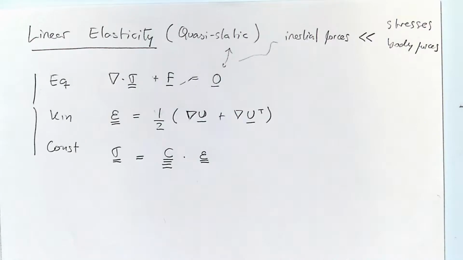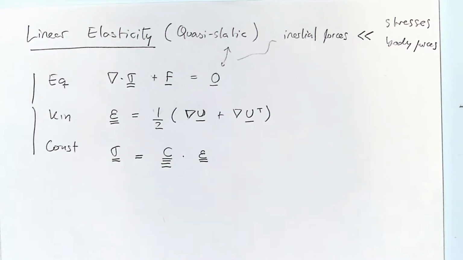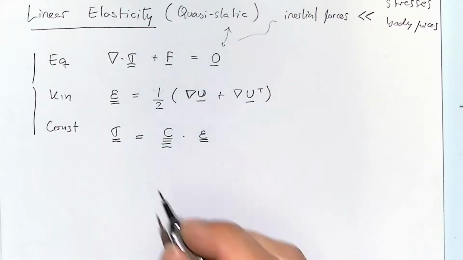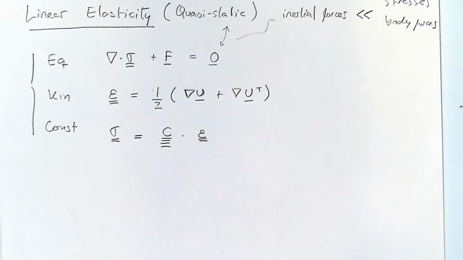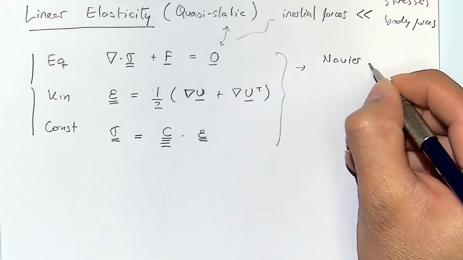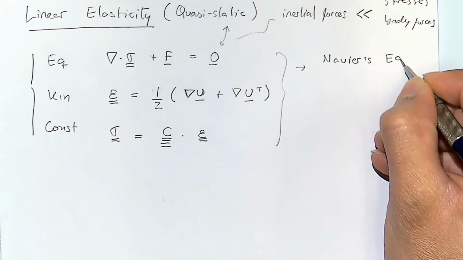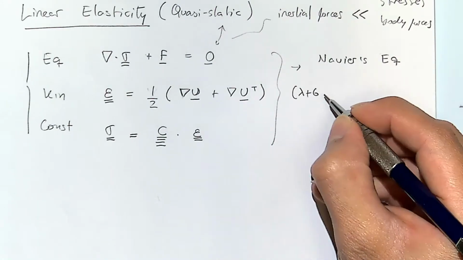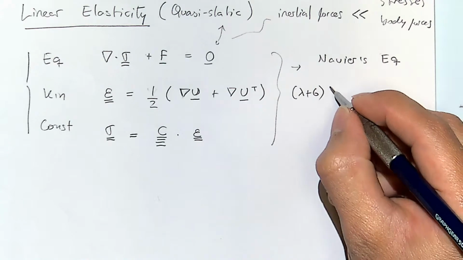So the next step that we did after putting all these equations together is to combine them into a single differential equation. Do you remember the name of that? That goes into what is called Navier's equation, and that is equal to this equation I'm writing right now.